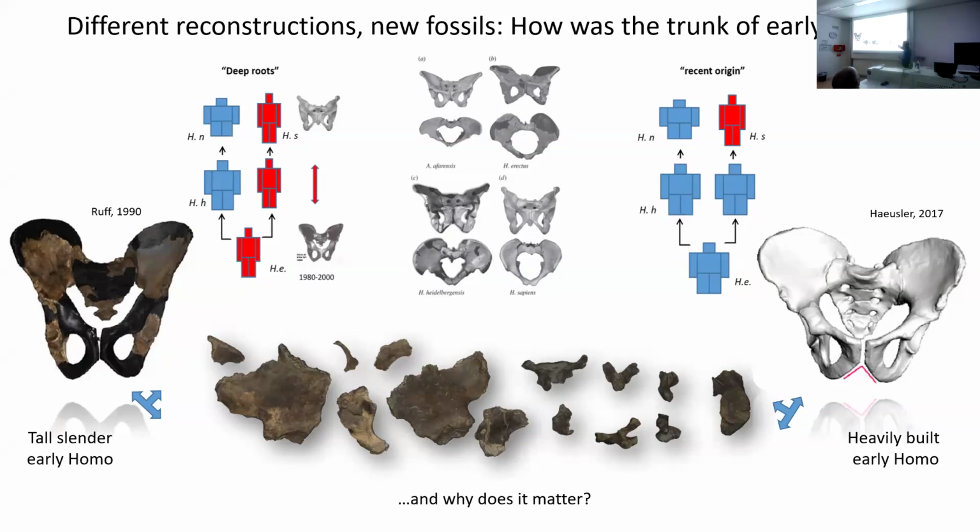And so actually two different kinds of phylogenetic models about the origin of modern human body shape are possible. And therefore it's interesting to see if there are alternatives that can be used to answer this kind of dichotomic questions.